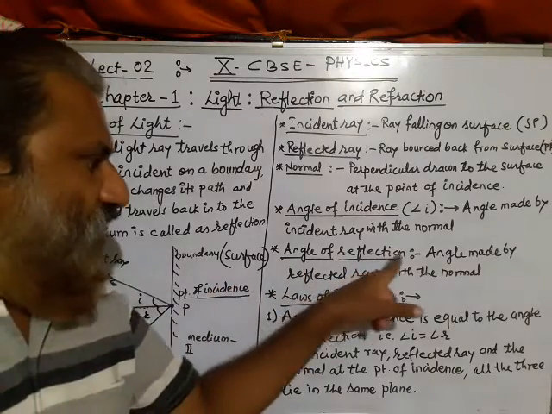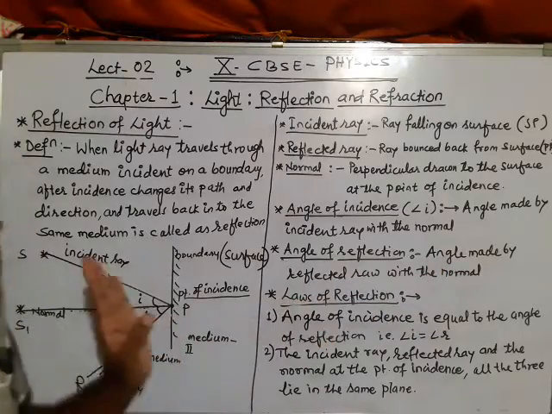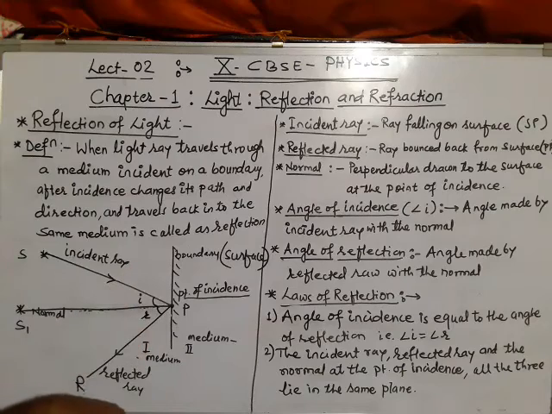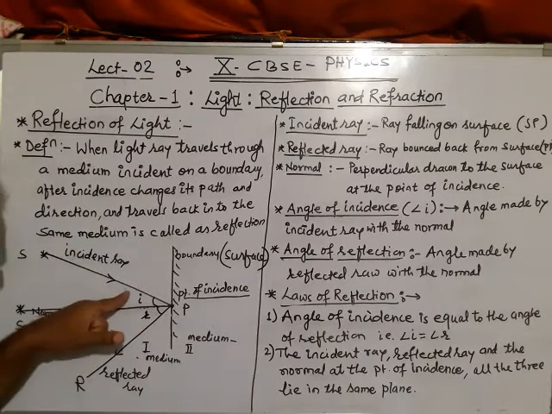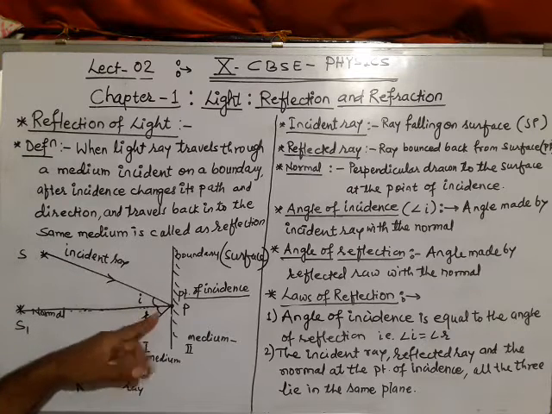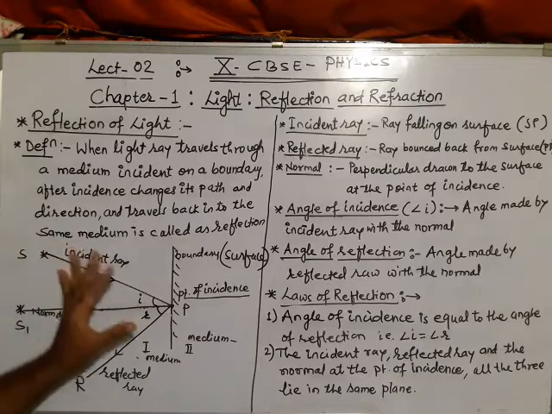So the angle made by the reflected ray with the normal is called the angle of reflection. If we look at this diagram, you will find that angle I, the angle of incidence, and angle R, the angle of reflection, have the same measure.